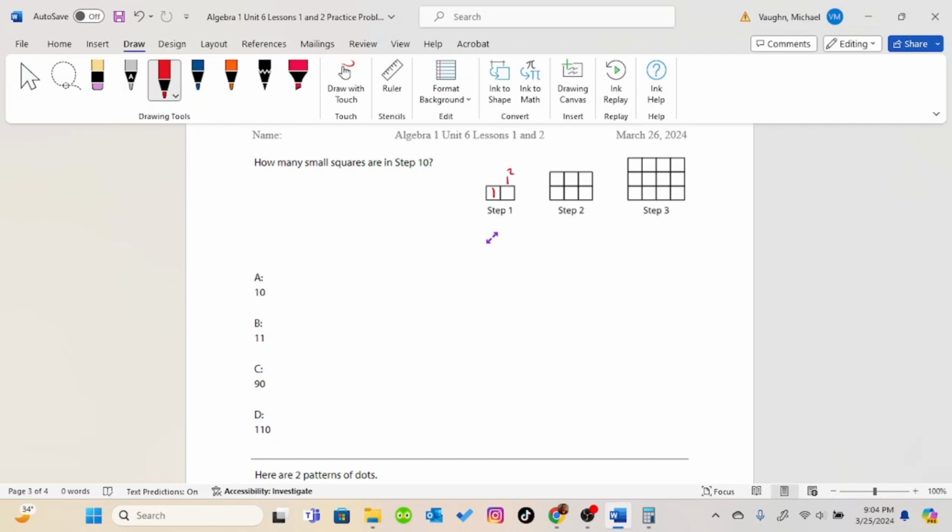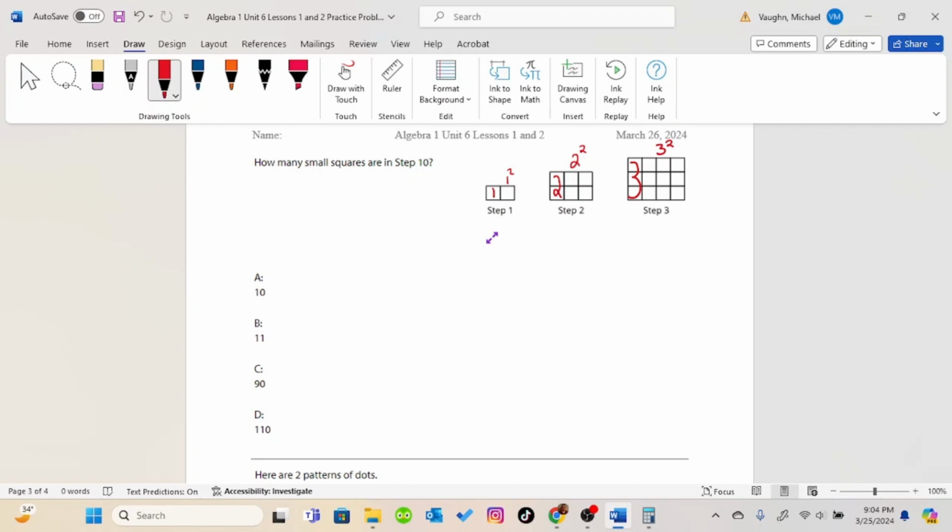In step 2, I have 2, and then I have a square that is 2 by 2. And in step 3, I have 3, and then I have a square that is 3 by 3.